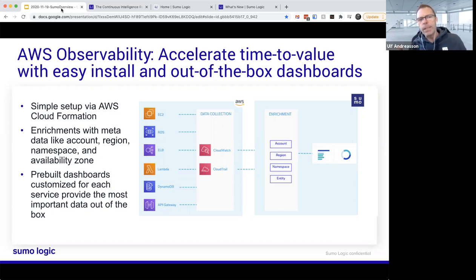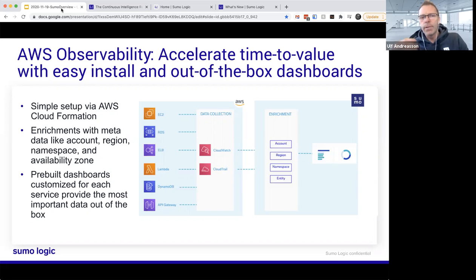But this basically means that you will have a lot of information pre-built and pre-set up for you. So once you've deployed the AWS observability solution, you will effectively have a complete view of what happens within your infrastructure in AWS, or your different data services being used in AWS.